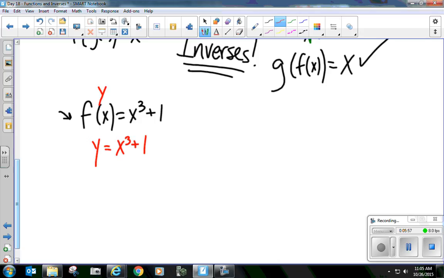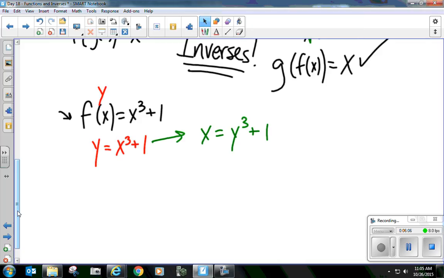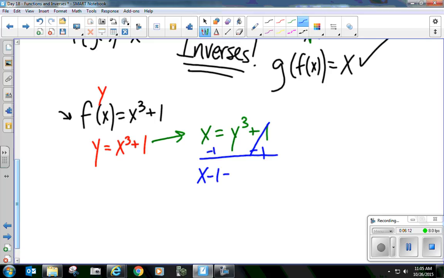Okay, it's another method. Like right here, when I switch the x and y, I would say x equals y cubed plus 1. All right? I subtract 1, don't I? Yes, you see what I'm saying? So I got x minus 1 equals y cubed. And I need to solve for y, so I want to take the cubed root, right?